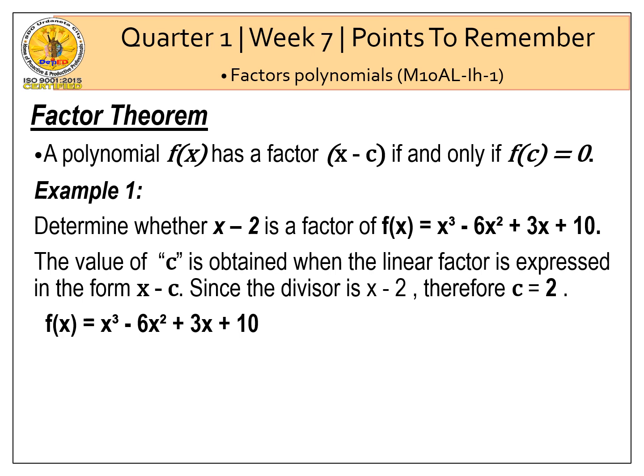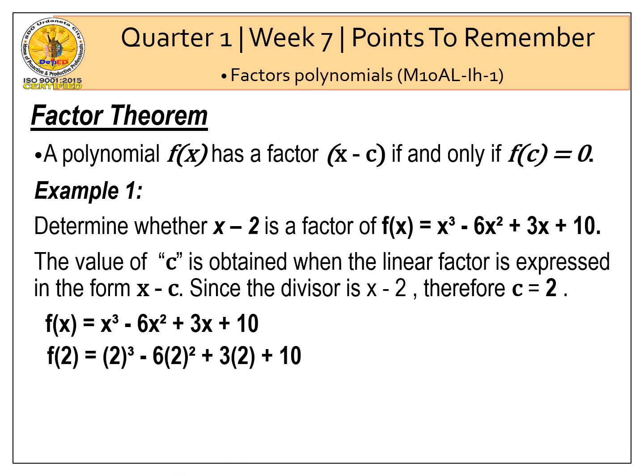The value of c is obtained when the linear factor is expressed in the form x minus c. Since the divisor is x minus 2, therefore c is equal to 2. Using our polynomial function, we substitute 2 to our variable x.